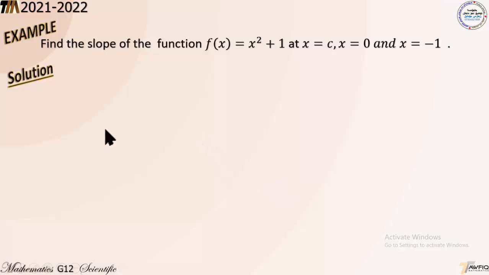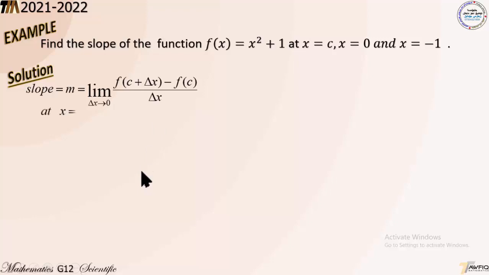To find the slope of this function at these 3 points, first of all, we can find it at x equal to c by using the definition of the slope of the curve, which is equal to the limit as delta x approaches 0 of f of c plus delta x minus f of c over delta x.